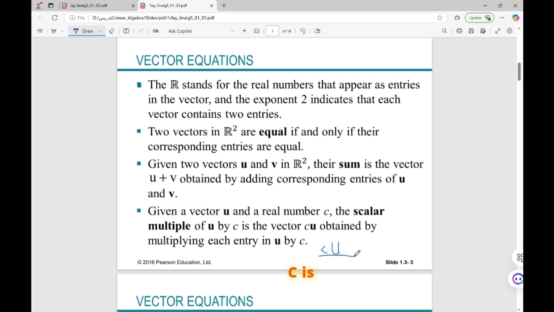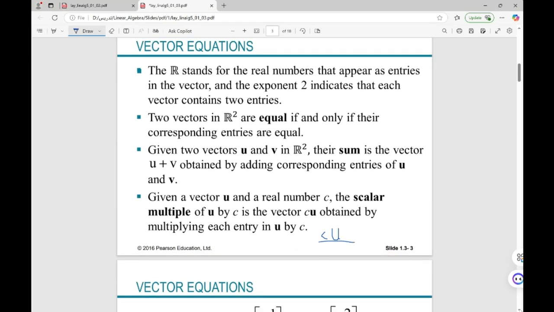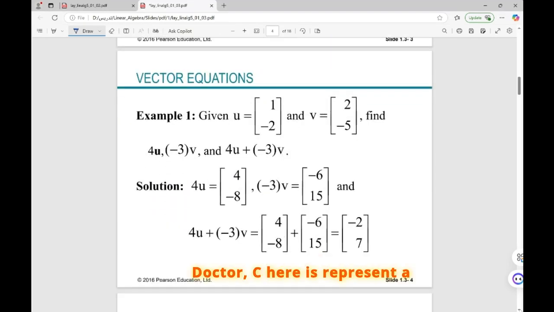C is multiplied to the first entry of U, then the second entry of U, and so on to the last entry of U. The result is a vector in the same space as U. In the result, each entry is the multiplication of C by the corresponding entry of U. C here represents a constant value.